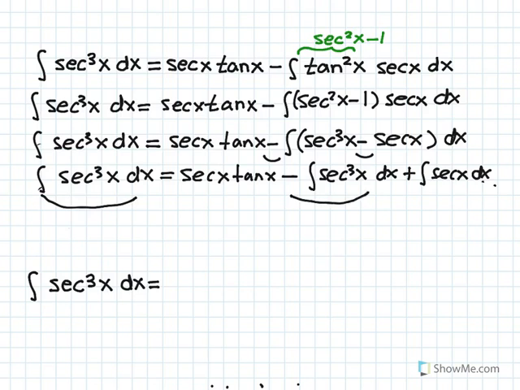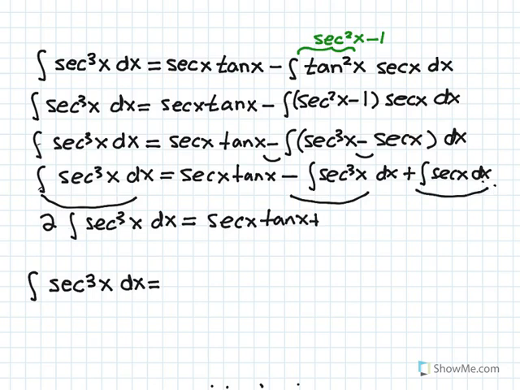So bring it over and we get 2 times the integral of secant cubed x dx is equal to sec x tan x plus, what is the antiderivative of secant x dx? Well, that's just going to be log of sec x plus tan x. It helps to memorize that. Plus constant c. And now we'll divide by 2 on both sides.